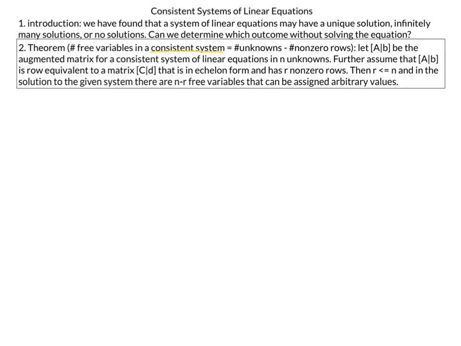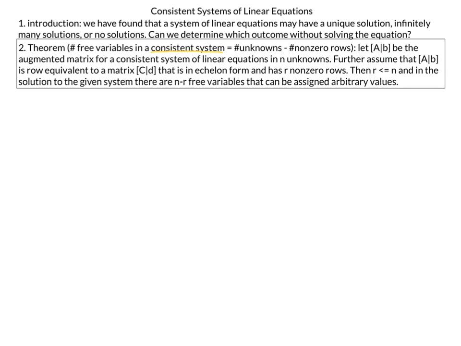Further assume that the augmented matrix is row equivalent to a matrix C augmented with D that is in echelon form and has r non-zero rows. Then r is less than or equal to n, because of course you can't have more non-zero rows than you have rows.